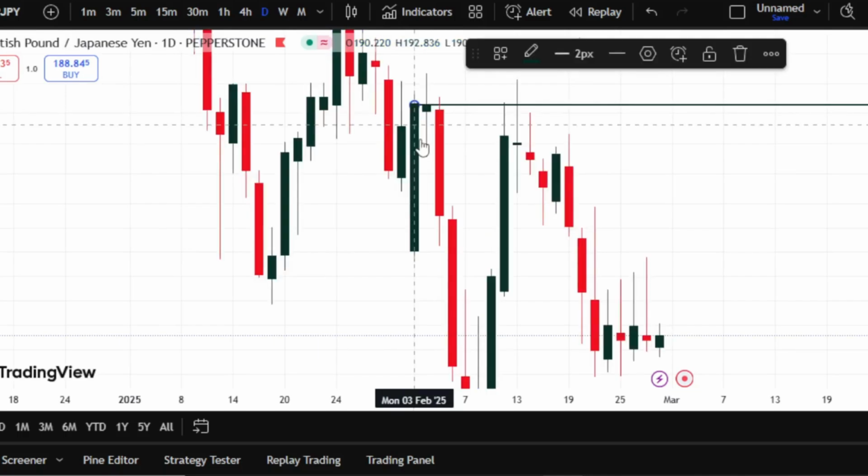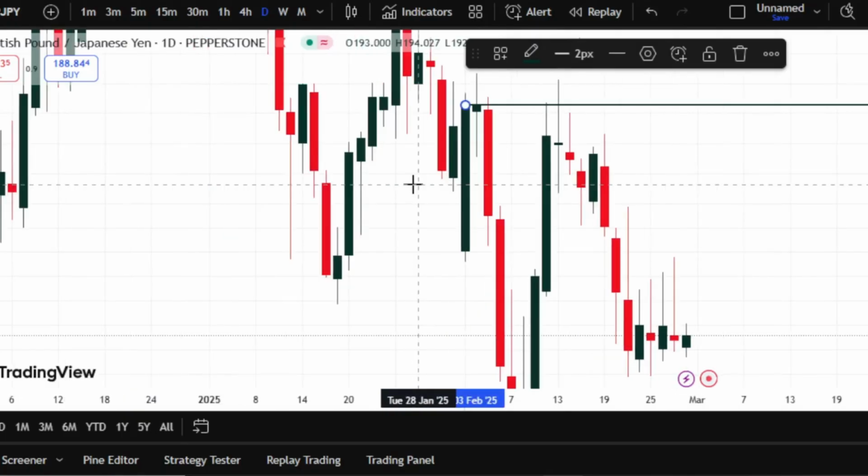So in Malaysian SNR, we only consider the body closing of the candle. We don't take cognizance of the wick or the shadow, the way you may call it. So this is a typical example of A level.